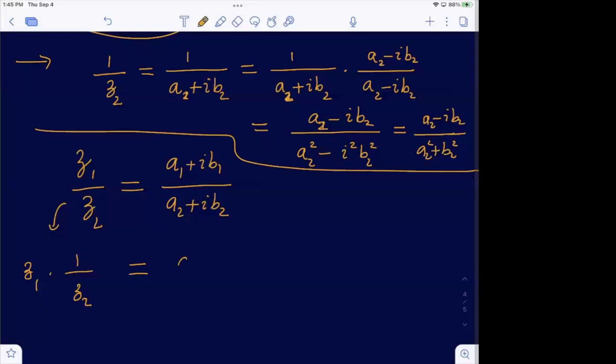And we know z1 is none other than a1 plus ib1. And now, according to what we've seen already above, 1 over z2 is none other than a2 minus ib2 together with this real component.